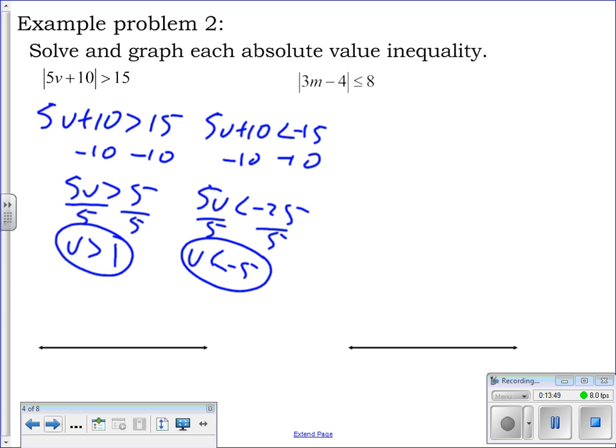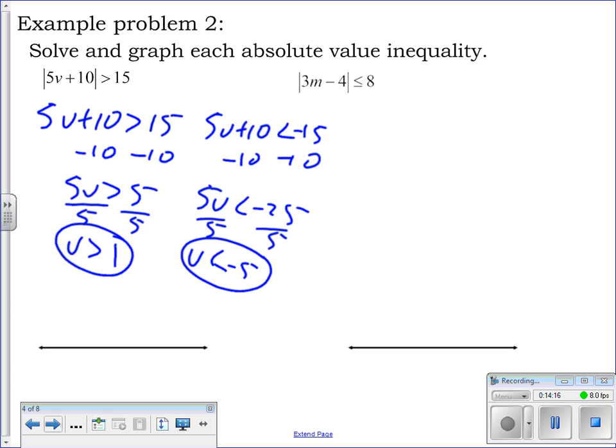And I have a compound inequality here. I've got 2 inequalities, right? Coming from one equation, I've got a compound inequality. So the question is, is this an and or an or? It is an or.